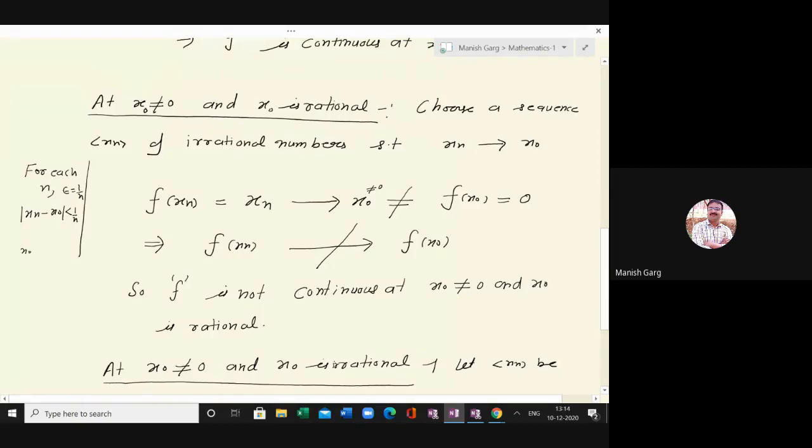So you can write x naught minus 1 upon n less than x_n less than x naught plus 1 upon n. So you take n equal to 1, 2, 3, you will get x1, x2, x3. Between any two numbers, here x naught minus 1 upon n and x naught plus 1 upon n, there are infinitely many irrationals, so you can choose one number. So always you get an irrational sequence.